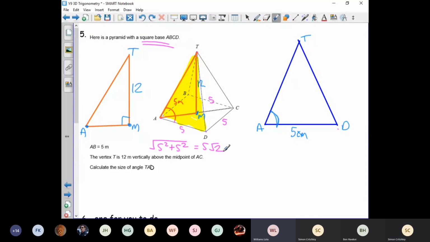And then I did the square root of 5 root 2 squared, plus 12 squared, which equals the root of 194.